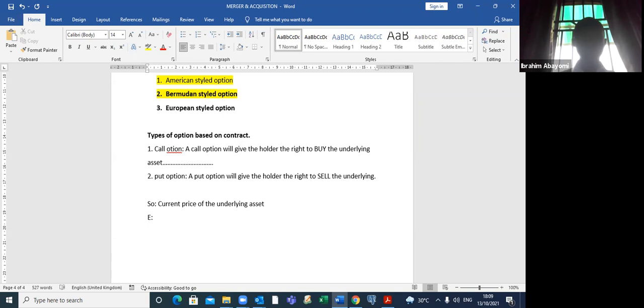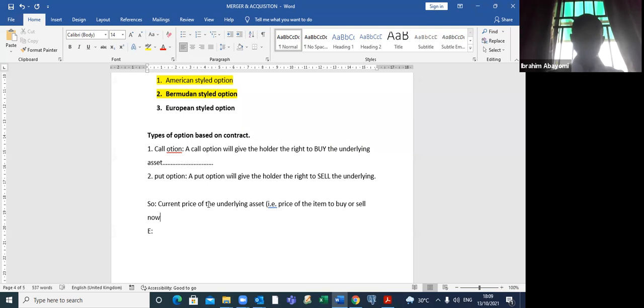Current price of the underlying assets. That is the price of the item to buy or sell.